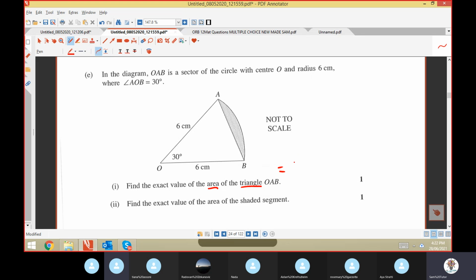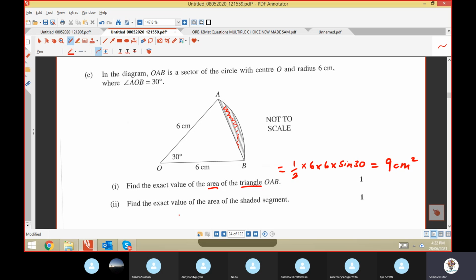Is that half AB sine C? Half AB sine 30. And then plug that into your calculator. It can give you an answer. Let's see. Sine 30 should be a half. Nine centimeters squared. Find the exact value of the area of the shaded segment.